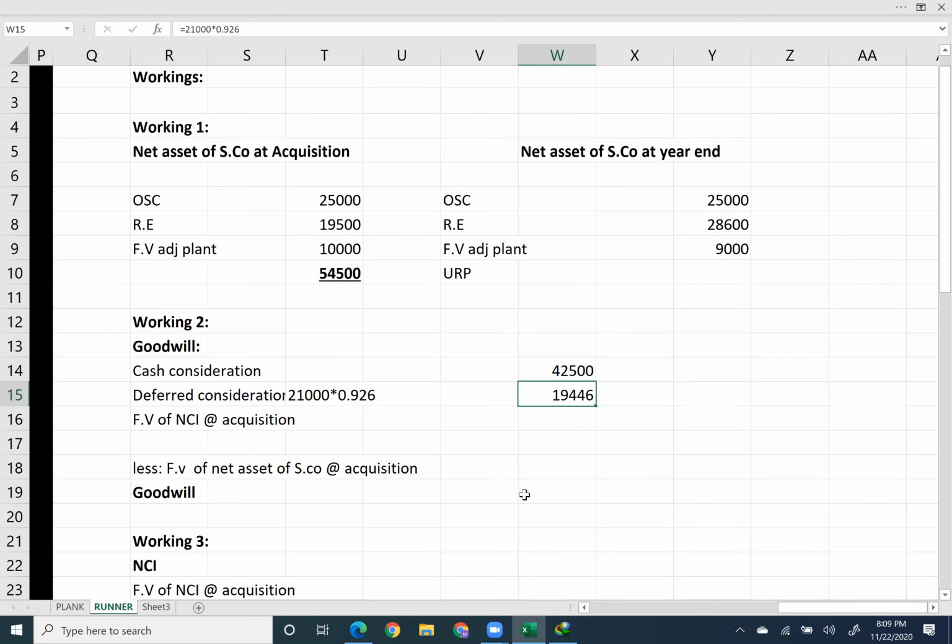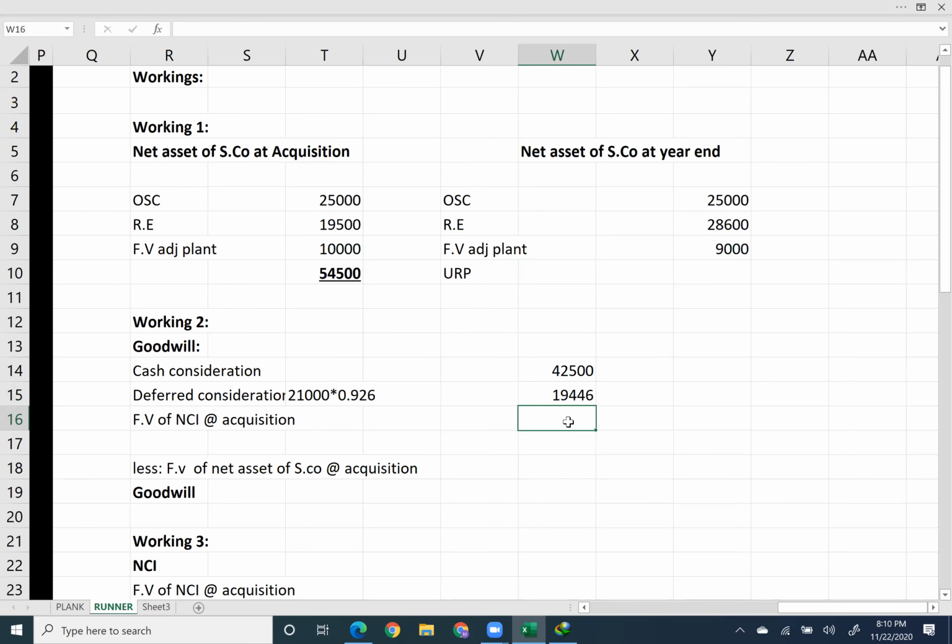If you do it directly on the calculator and write the direct figure here, this may result in losing marks. The marker will be confused and ask, from where did you get this figure? So either show the working on this side, or apply the formula here.